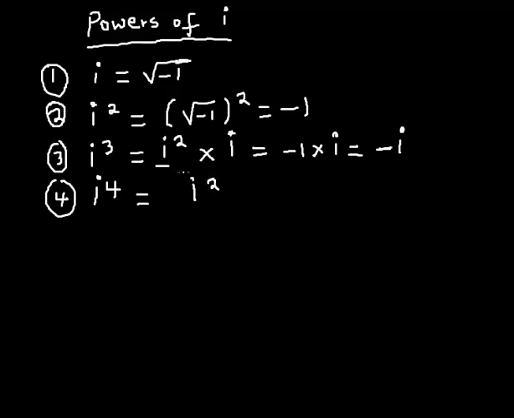Now part C of the question, I'm having bracket open 4 plus 2i, bracket close, then times 4 minus 2i.